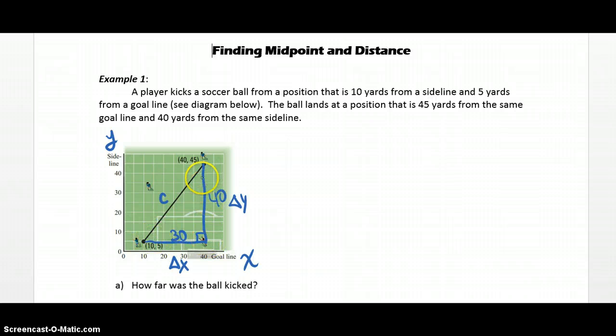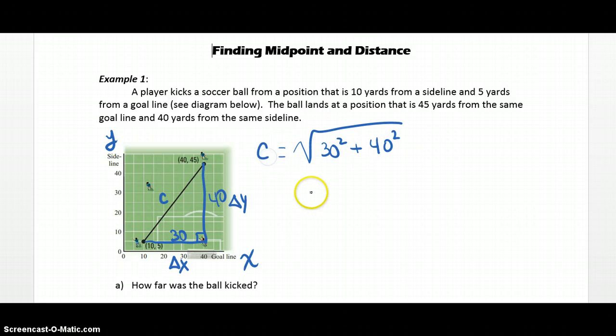Because now we have this right triangle with our 30 and 40 as the legs, and we can use Pythagorean theorem to find the distance that our ball was kicked. So we're going to take the square root of 30 squared plus 40 squared, and that'll tell us the length c.